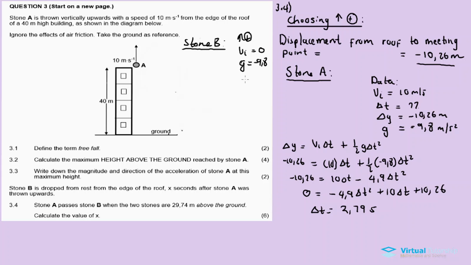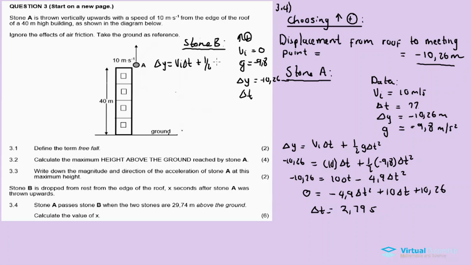And then what else? I have a displacement of minus 10.26 meters. What else do I have? I want the time, I want delta t. So I think this one is simple again. Avoid a situation where I have to use the quadratic formula again.